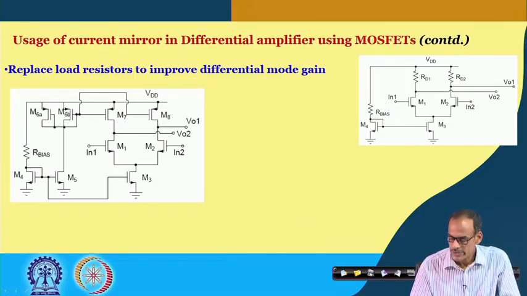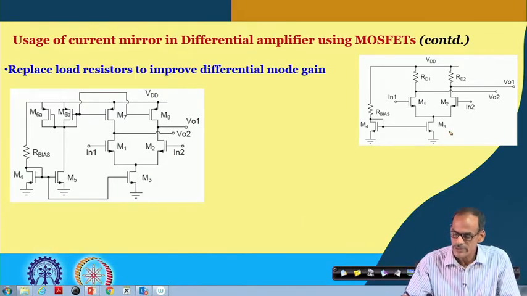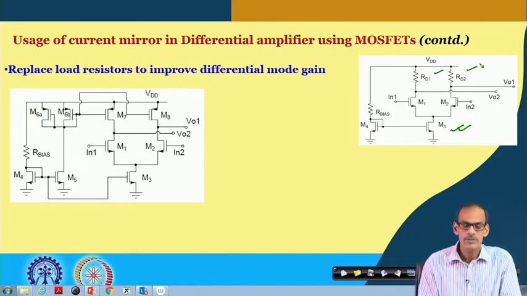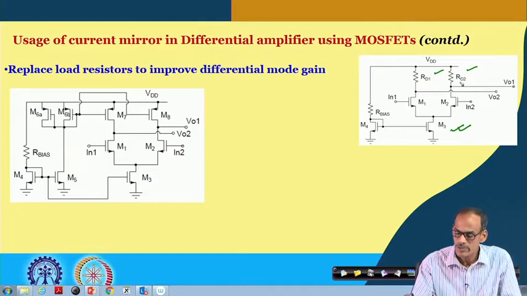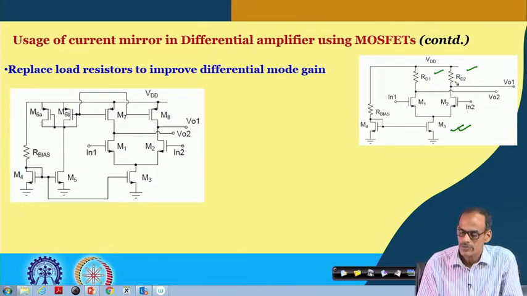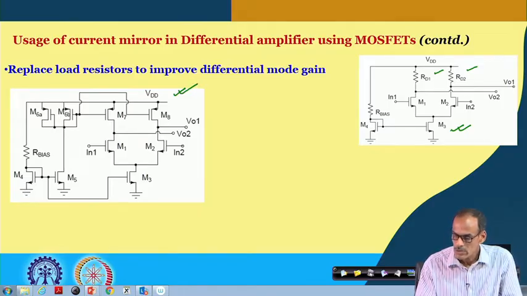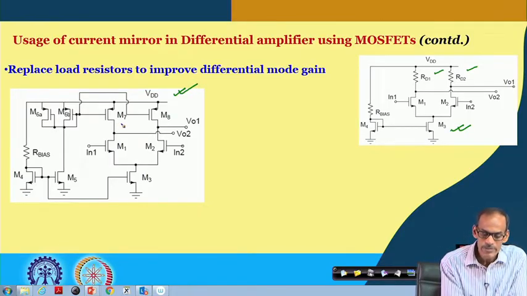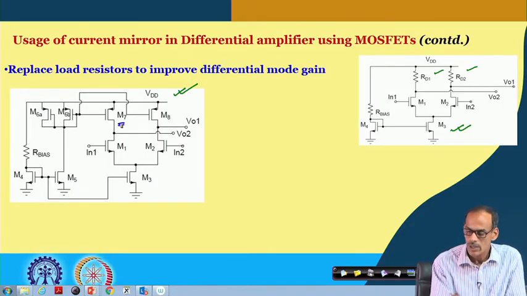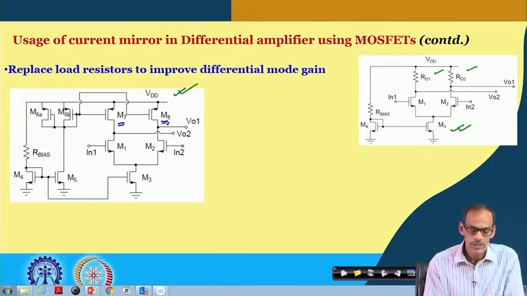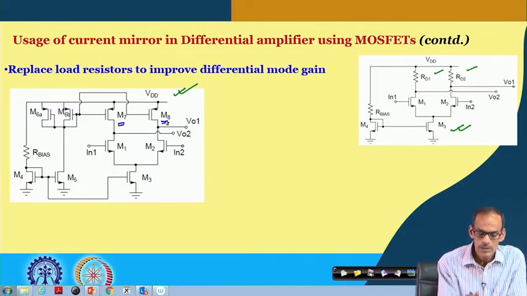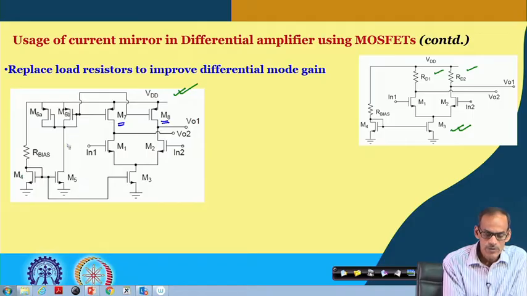Here we already have replaced the tail transistor, but we still have the passive load. These two passive loads can be replaced by active devices as shown here. R d 1 is replaced by transistor 7 and R d 2 is replaced by transistor 8, and they are biased from a current mirror.